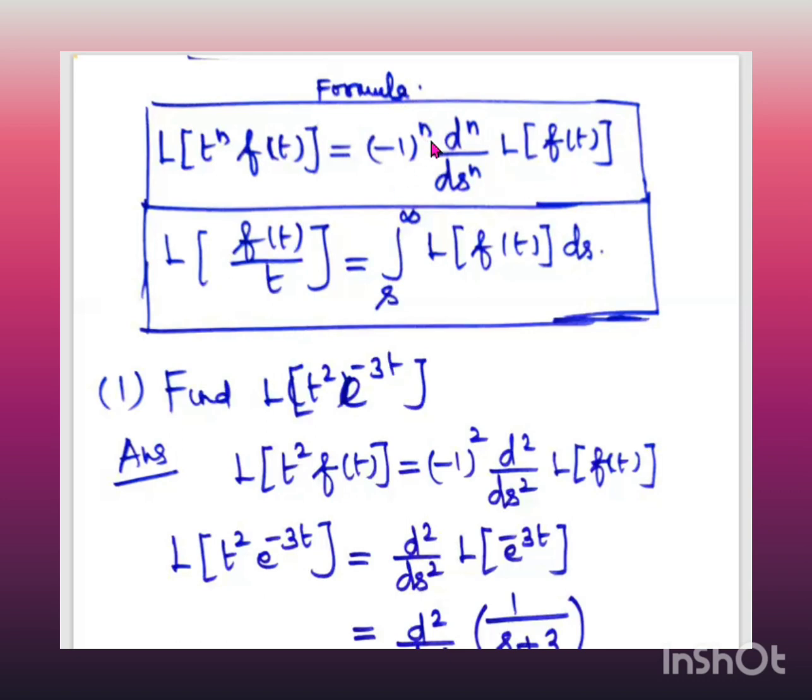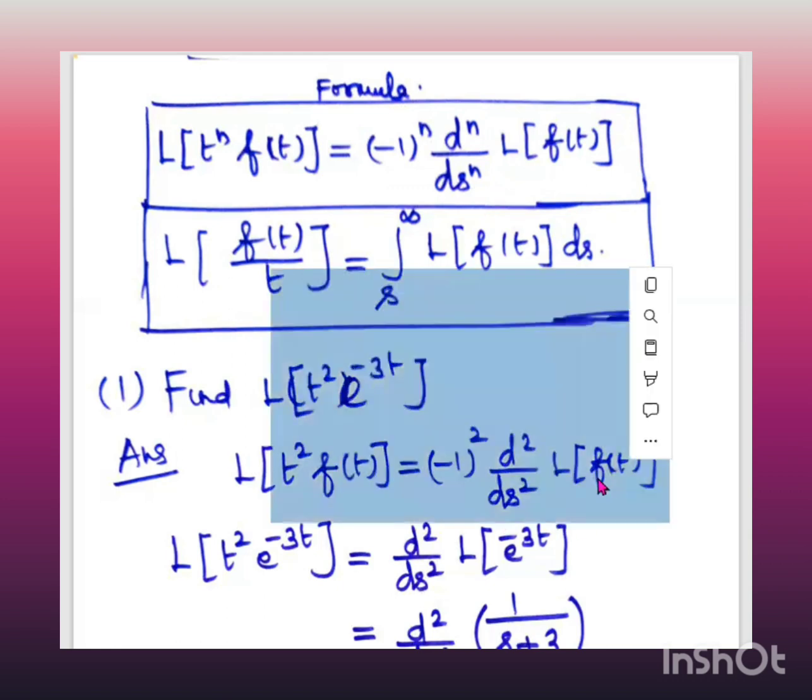That means minus 1 square will be plus 1. D square divided by ds square, L of f of t. I have written it here. So this is the formula. We must know it. So we have to find L of t square e power minus 3t. The formula is L of t square f of t is equal to minus 1 square, d square divided by ds square, L of f of t.